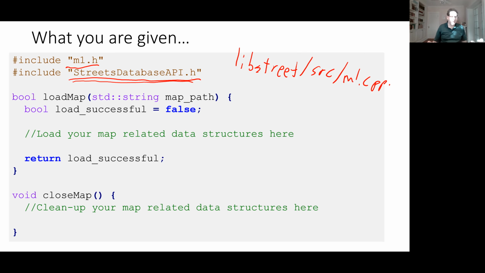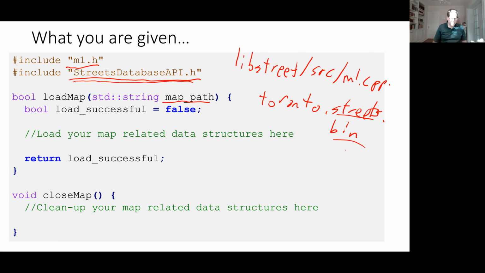One of the functions you have to implement is called loadmap. Loadmap is called before any other functions in your library will be called. Basically we pass you a string, which is the name of some map. So it might be Toronto.streets.bin. We name all of these maps with streets.bin.